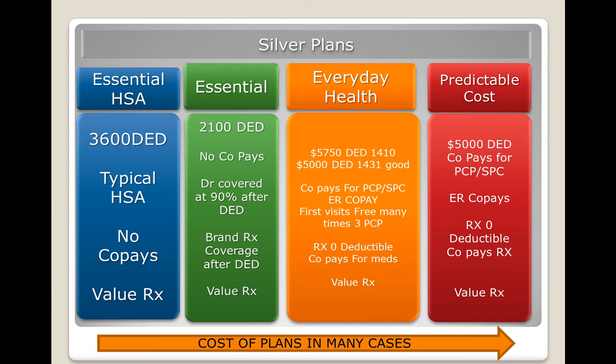Then we have our essential program that is going to start to be available on our silver policies, and that's going to be a $2,100 deductible. Everyday health is going to have a couple of variations on there. The everyday health programs, again, have copays for specialists and primary care, but it doesn't have all the copays for things like MRIs, CAT scans, and things of that nature.